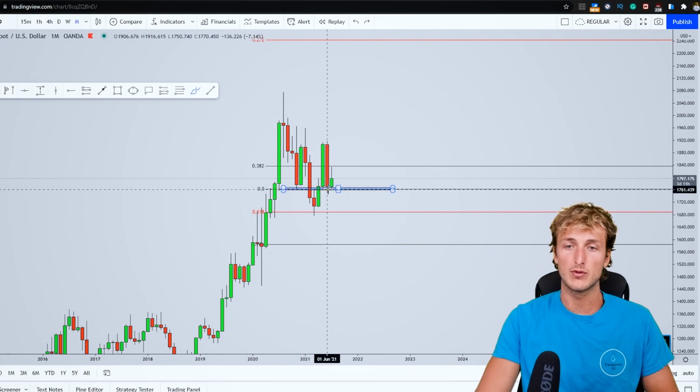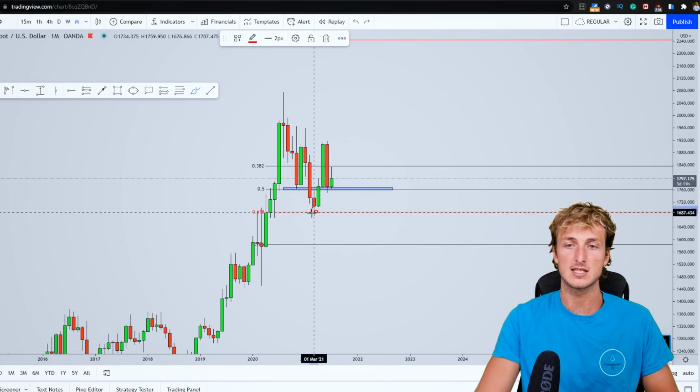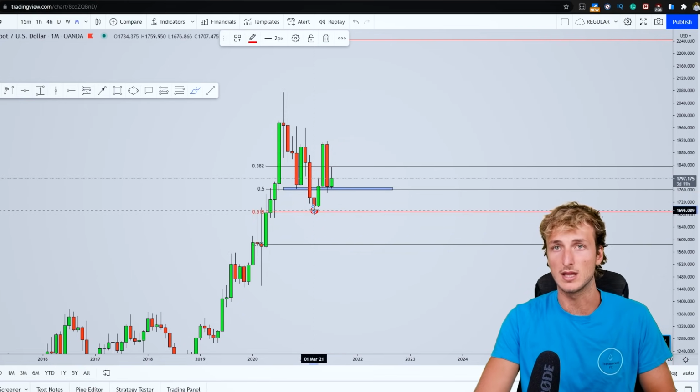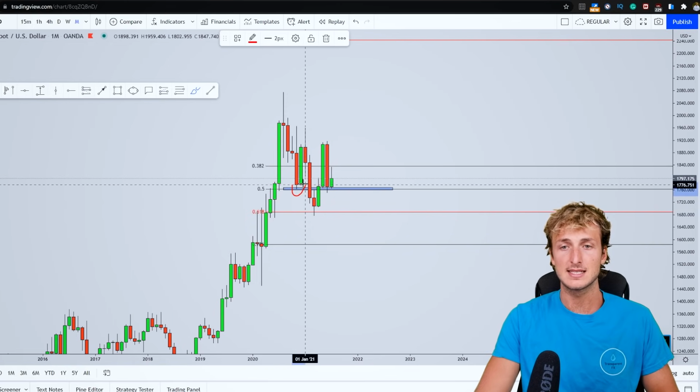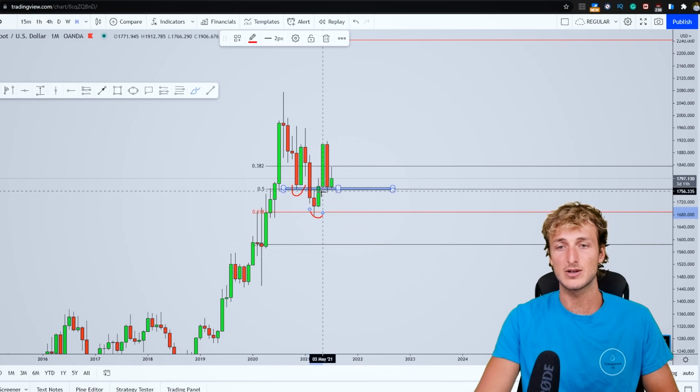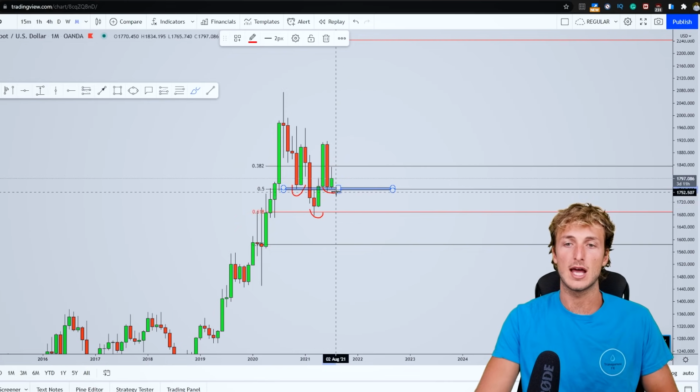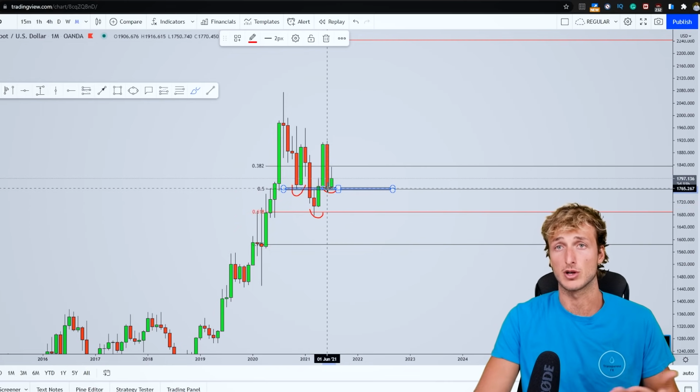Why? Because before testing the 50%, the market has actually tested 0.618, which is the golden ratio. So what we can easily identify here is that the market is trying to create, inside of this correction, an inverted head and shoulders by using the Fibonacci levels as the structure levels.